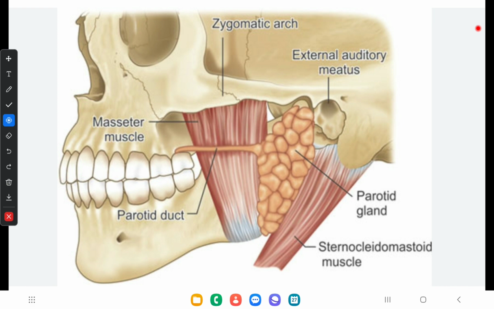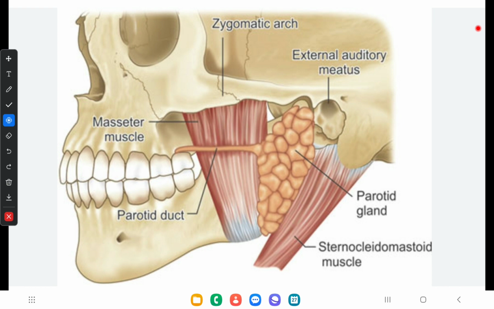Parotid gland is the largest among the salivary glands, and when we talk about the general features of the parotid gland, it weighs about 25 milligrams and resembles in shape an inverted pyramid. It is a compound tubulo-alveolar type of gland consisting of mainly serous acini.